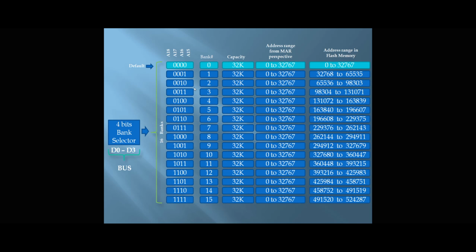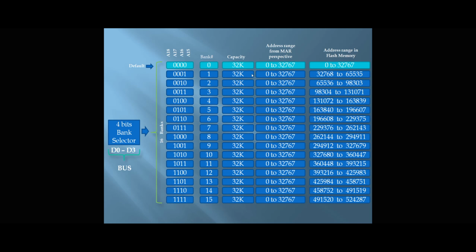And that's basically how we cover all the 512K memory space inside our flash. Essentially, we just have a circuit that controls the 4 most significant bits, and by changing the value on those bits, we are able to point to a different memory section in our flash.